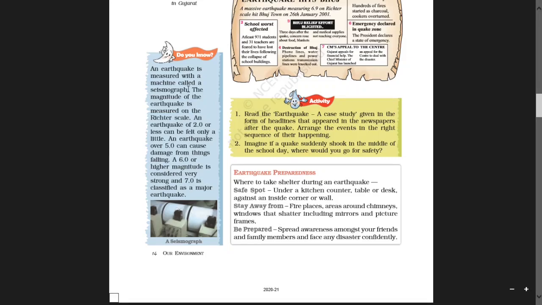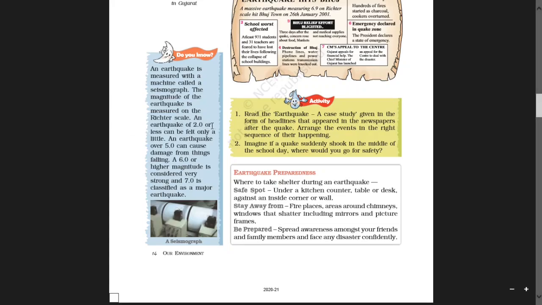To know it, a device is used which is known as a seismograph. The magnitude of the earthquake is measured on the Richter scale. So the magnitude of the earthquake can be measured with the help of this Richter scale.